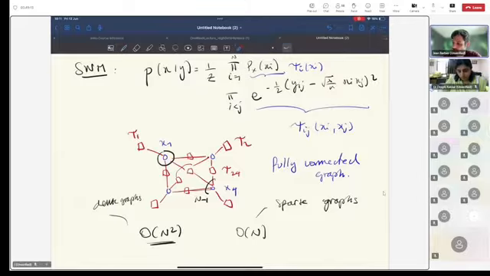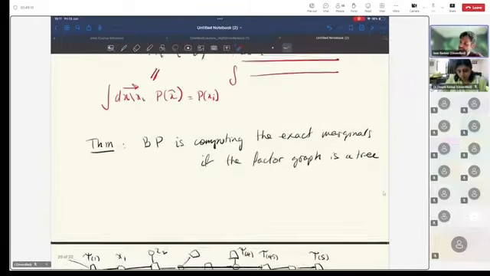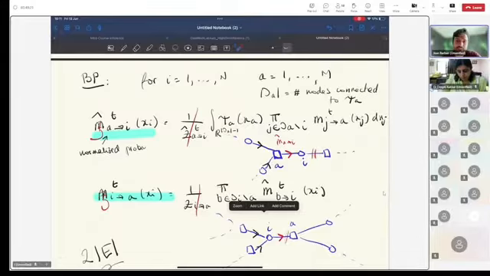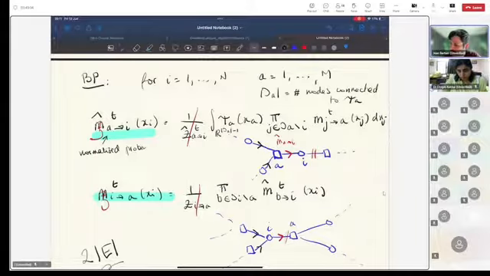Another issue is that these equations are easy to implement if these integrals are actually sums. So if you're working with discrete variables, these would be sums. I will rewrite them in terms of sums.